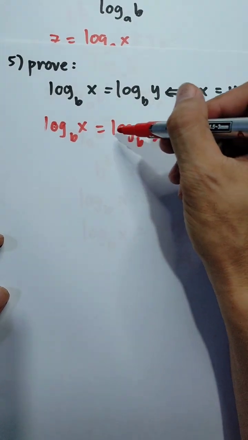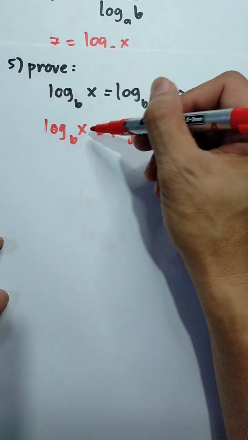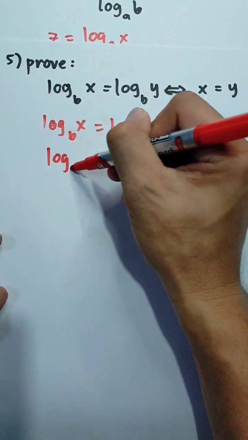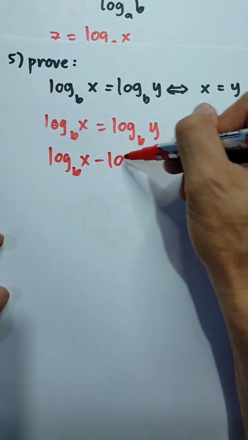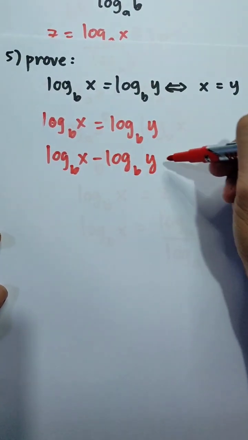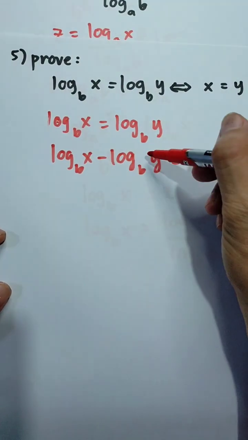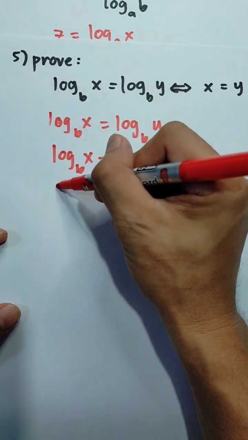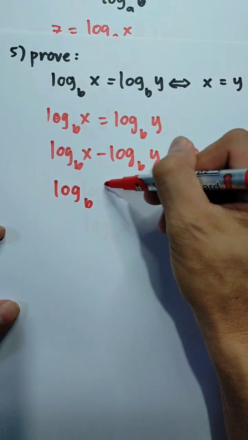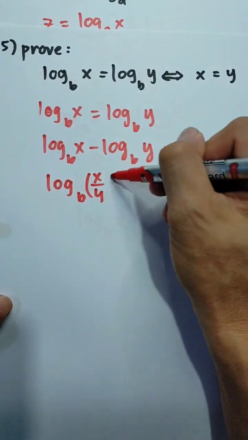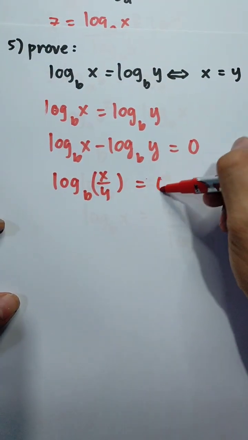What we're going to do is transpose this to the left hand side. So we have log base b of x minus log base b of y equals 0. Now we can use the quotient rule, so we can write this as log base b of x over y equals 0.